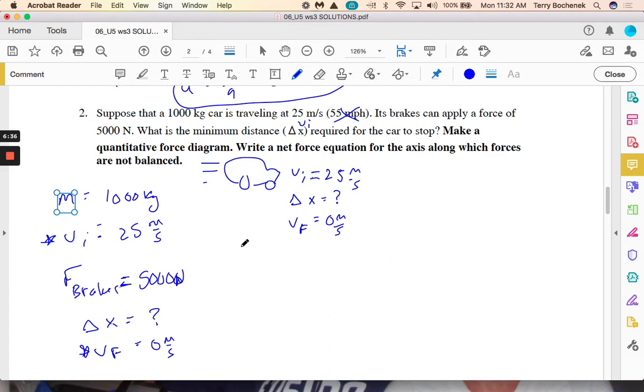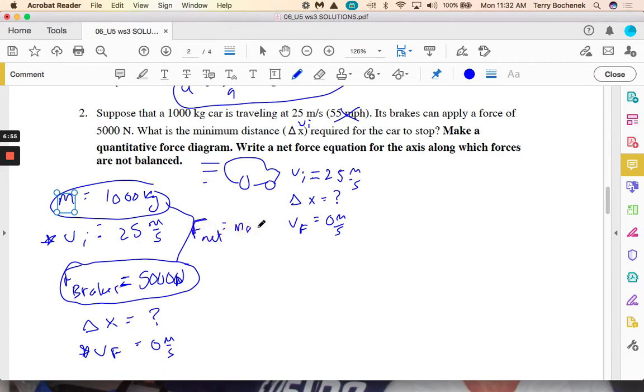So the idea that they're giving us a force to work with, and a mass, might have something to do with finding a value for our acceleration. So listing these things along with the other things might give us a clue that F net equals ma might get us where we need to be, because we have the braking force, we have the mass given, and we could easily solve it for A.